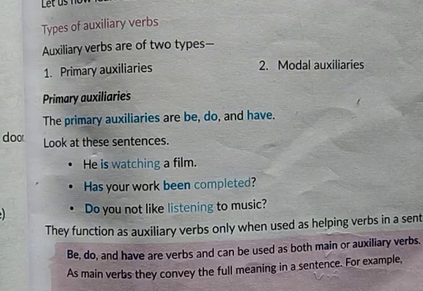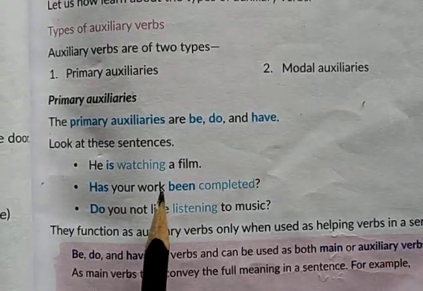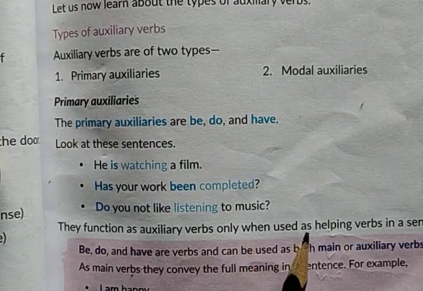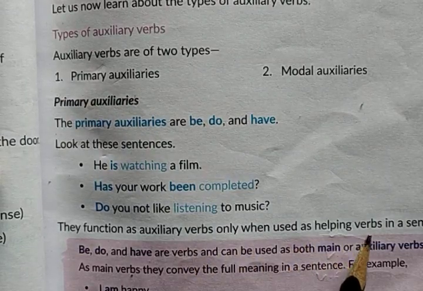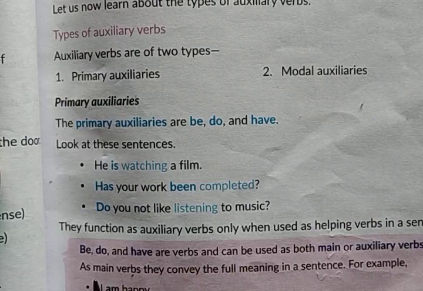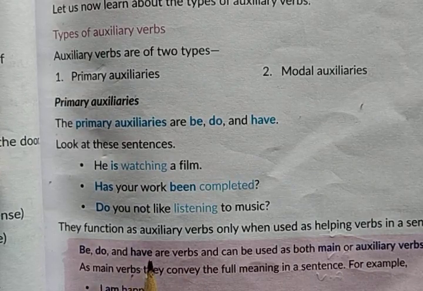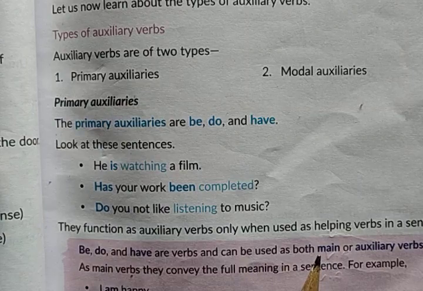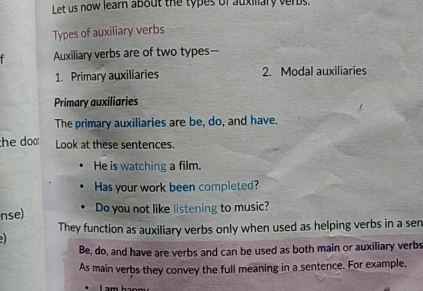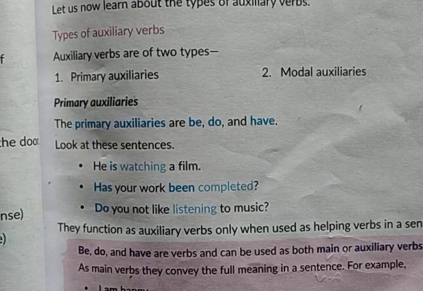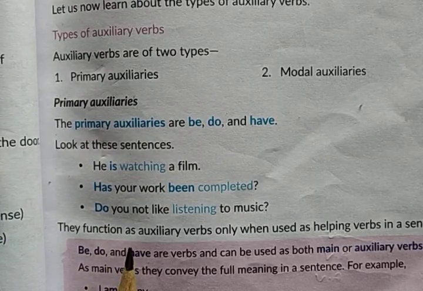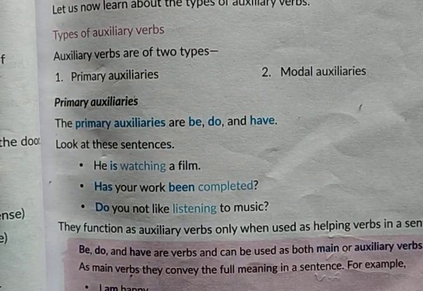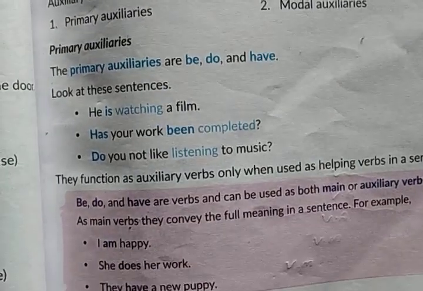Now what is the function of an auxiliary verb? They function as auxiliary verbs only when used as helping verbs in a sentence. Be, do and have are verbs and can be used as both main or auxiliary verbs. Now we will see how be, do and have can be used both as auxiliary verbs and as main verbs.